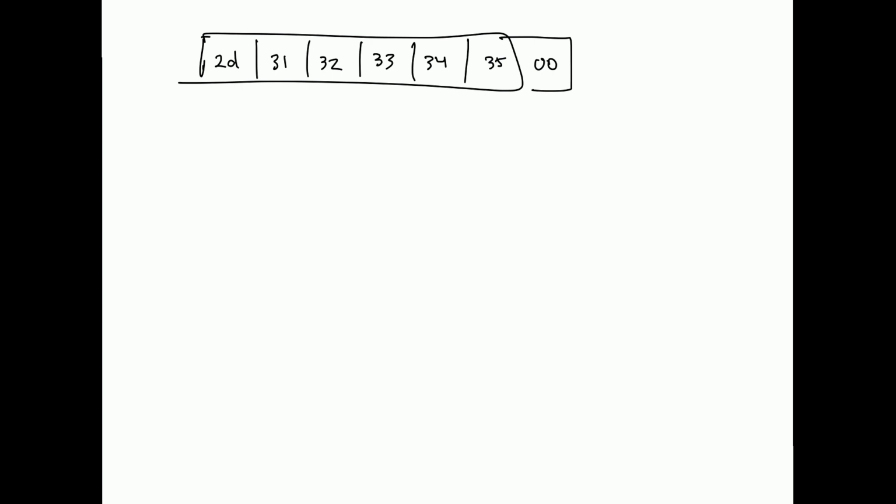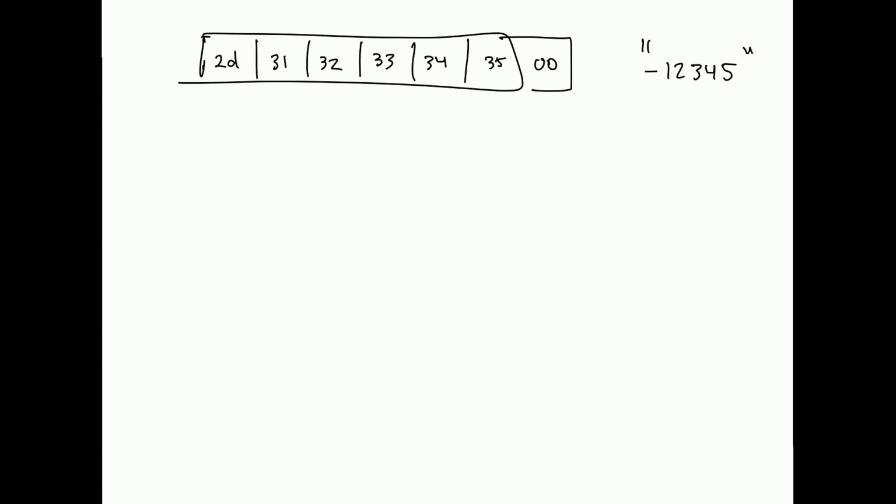Okay, so if I accept a string from the user this time, and the user types minus 1, 2, 3, 4, 5 as a string, then this is what it would look like in memory, right?